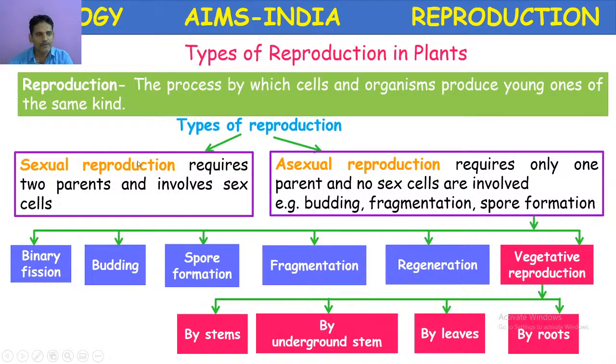Flowers are the parts which help in sexual reproduction in flowering plants. In non-flowering plants and lower categories of plants, they undergo asexual reproduction either by vegetative reproduction or by means of these processes. Let us discuss in detail one by one.